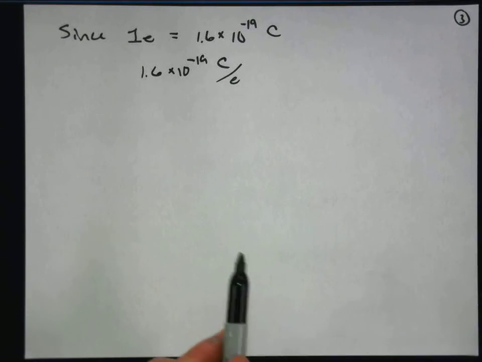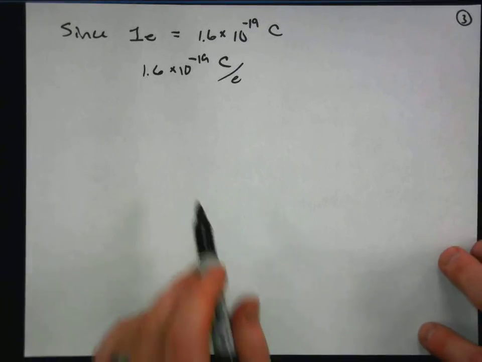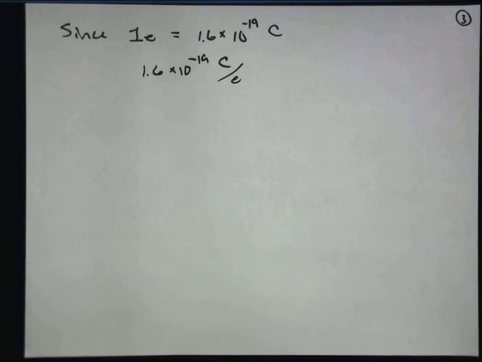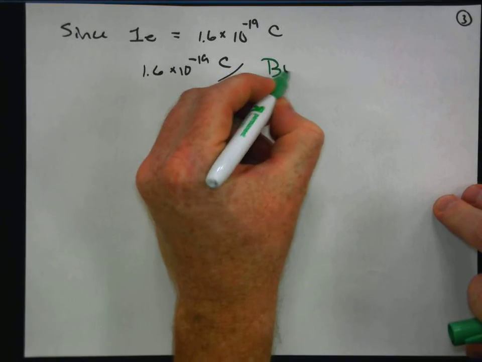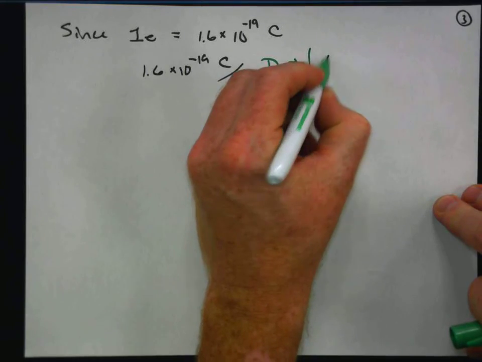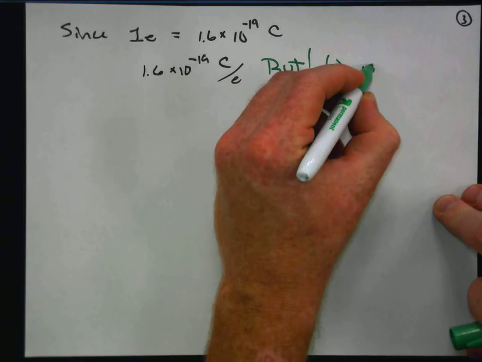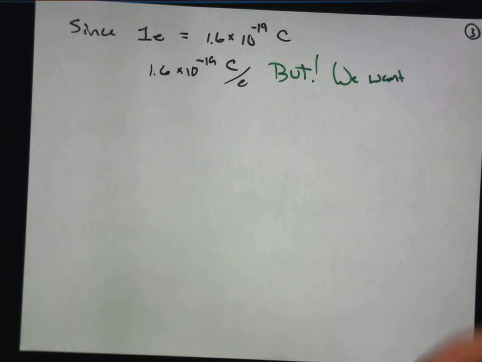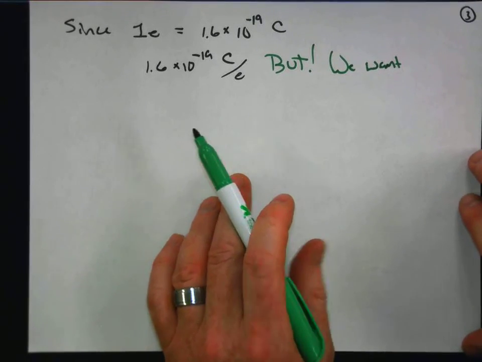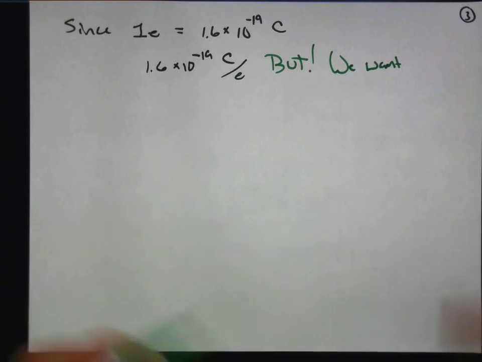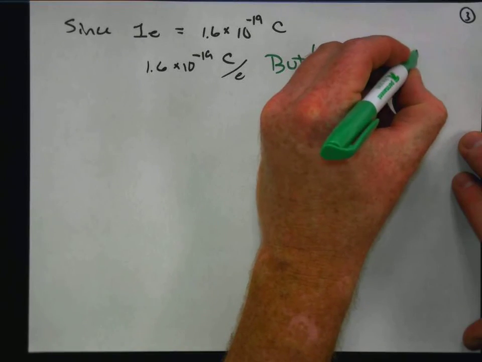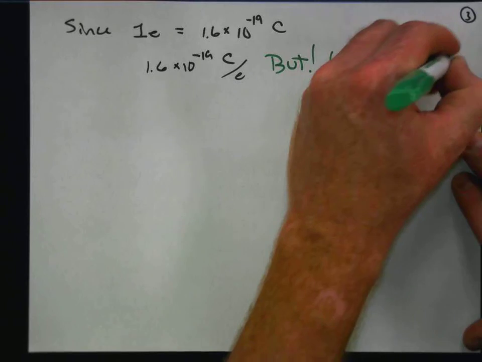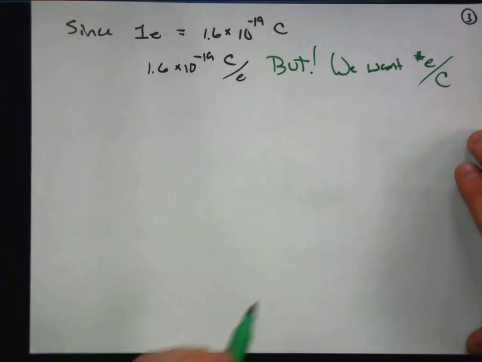There you go. So, that's helpful. However, we want something different. We don't want the number of coulombs per electron or per fundamental charge. We want the inverse of that. We want the number of electrons for 1 coulomb of charge.